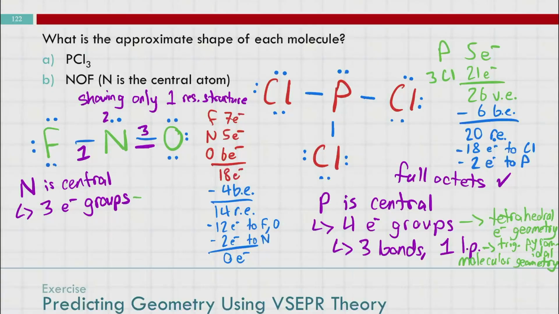That means that our electron geometry is trigonal planar. So it's flat and it's got 3 things sticking off of it. Our distribution is that we have 2 bonding groups and 1 lone pair.